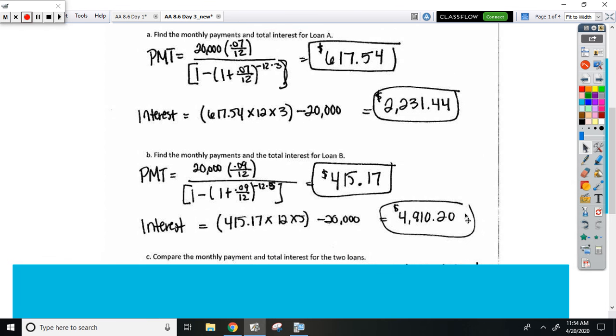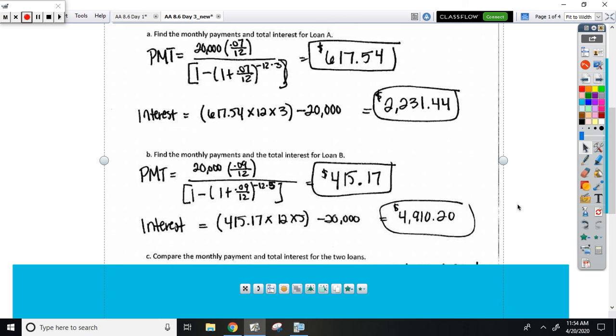Now for the last part, they ask us to compare the monthly payment and the total interest for the two loans. So notice the monthly payment is higher for this one. But if you compare the interest is actually higher for this one.